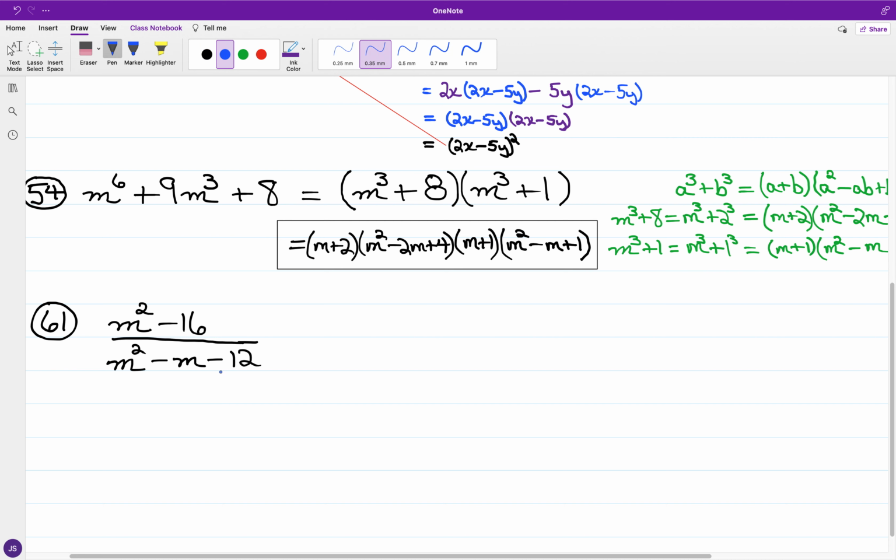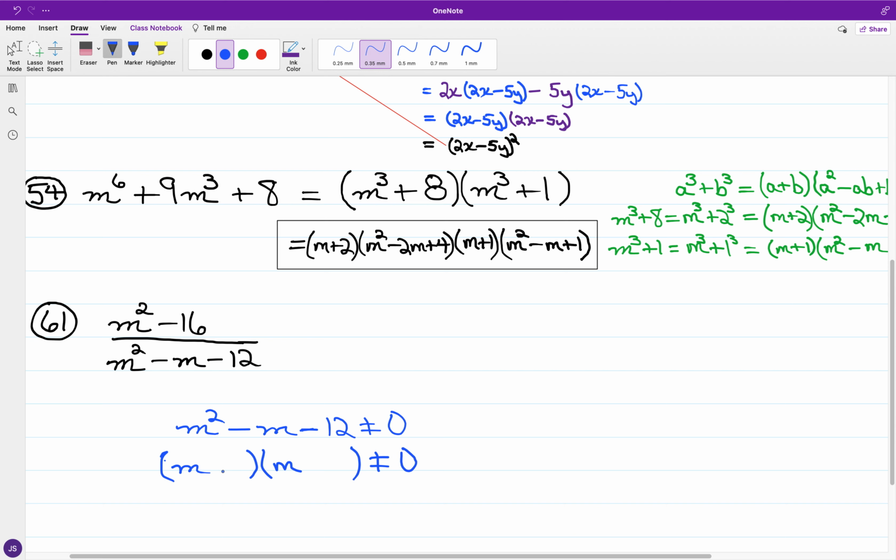If we go ahead and identify what the restricted values will be, again, we cannot have a 0 denominator. In other words, we cannot have the bottom part of the fraction be 0. So for m squared minus m minus 12, this cannot be 0, and we are pinpointing just what values of m will be excluded.